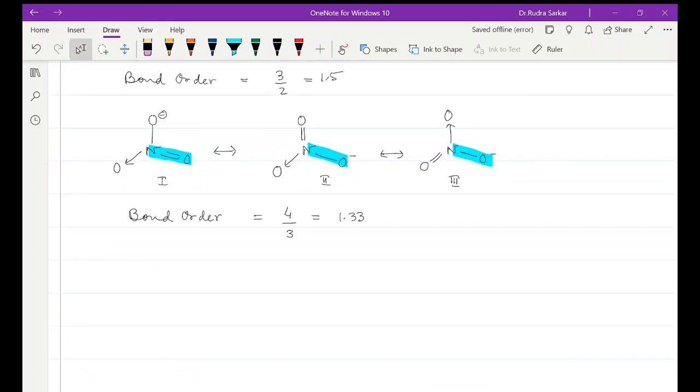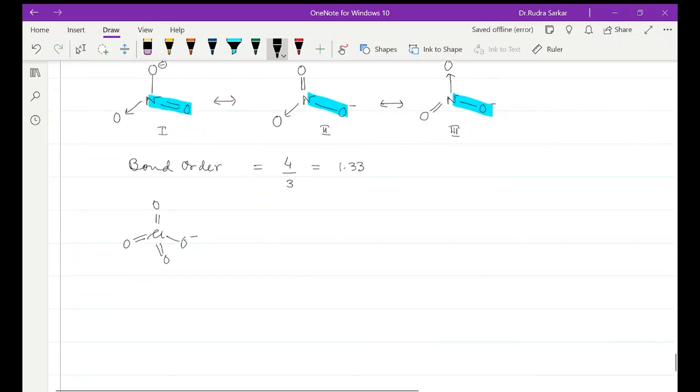Again, let's take another example. Suppose I have given ClO4 minus. So for ClO4 minus, we know the structure is something like that. Okay, and if we now think of the possible resonating structures, a very easy way of doing it is using arrows like this, which I have not shown in the previous ones.